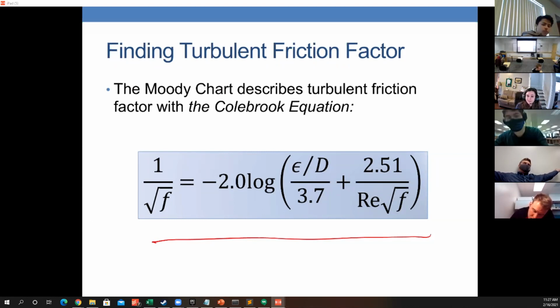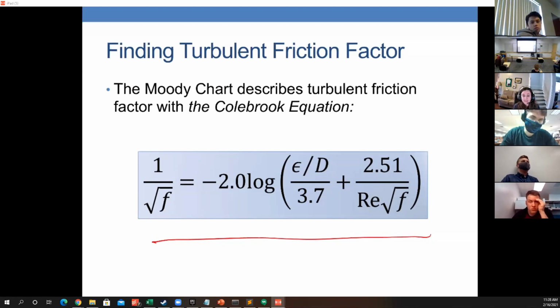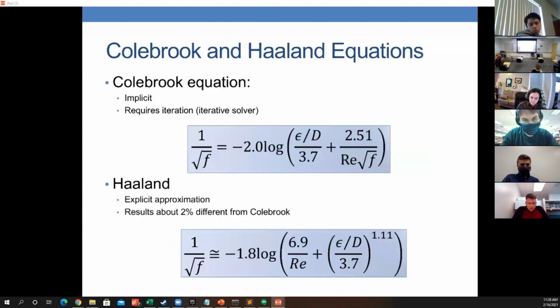You will notice something about this equation that makes it kind of nasty. What do you notice? The friction factor is on both sides, so this cannot be solved explicitly. It is an implicit equation which requires iteration. Now, back in the day, like when my grandfather was an engineer, you did iteration yourself.